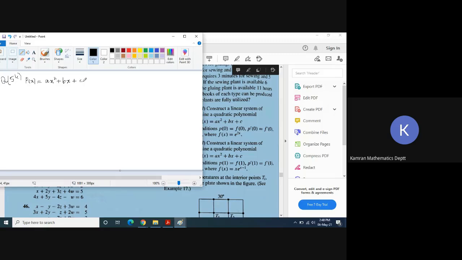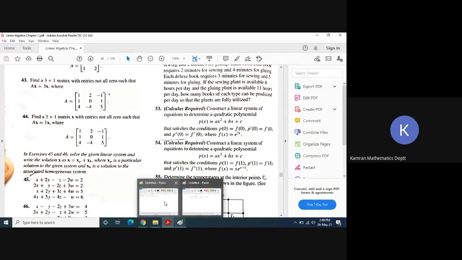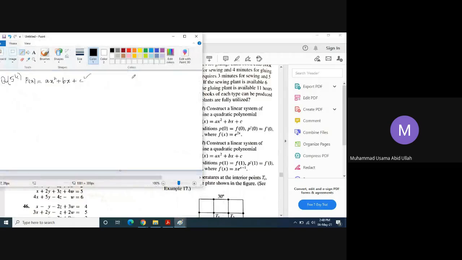So we have to find this quadratic polynomial, and it satisfies these conditions: p of 0 is equal to f of 0, p prime of 0 is equal to f prime of 0, and p double prime of 0 is equal to f double prime of 0. So what is f? f is x e to the power 2x.